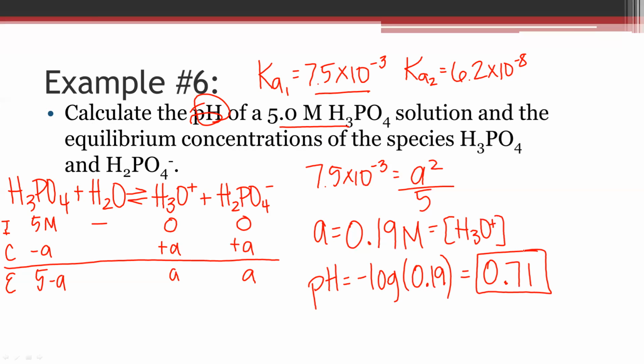That's not the end though, because we need to know the equilibrium concentrations of the two species that we have. At equilibrium, the H3O plus is equal to that, so that's one of the answers. That's also equal to the A for the H2PO4 negative, so that already gives us this answer.